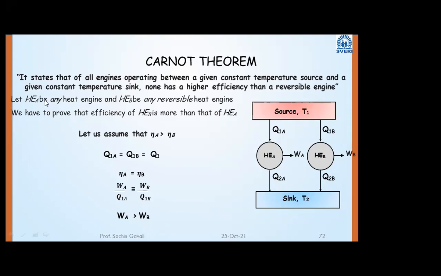Here they have considered heat engines A and B.